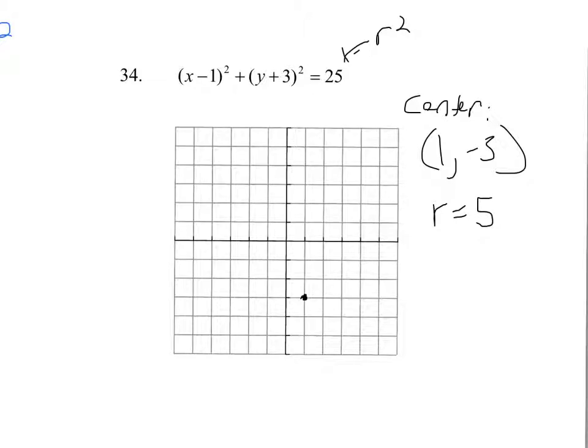So count in 5 by 5 in all directions, and you're going to have a curve or a point there, there, there, and off the graph, you'll just have to estimate about there.